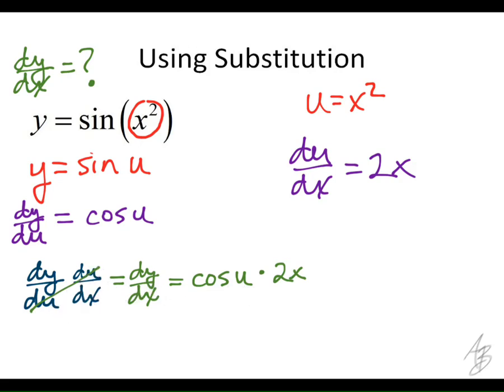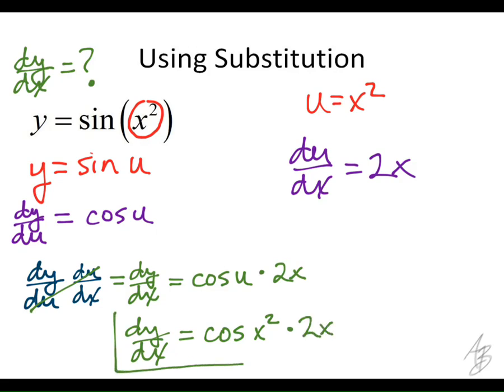We introduced this variable u, which means that we have to get rid of this variable u when we give our final answer. So we're going to replace the u with x squared, because u equals x squared, right? So we're going to say this is the cosine of x squared times 2x. Does this look familiar? When I showed you the graph, that was the derivative that I showed you, right? Does that make sense what we just did there?